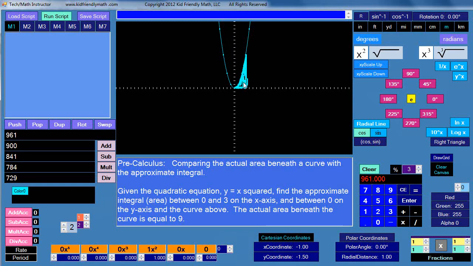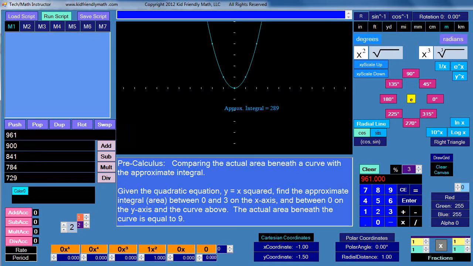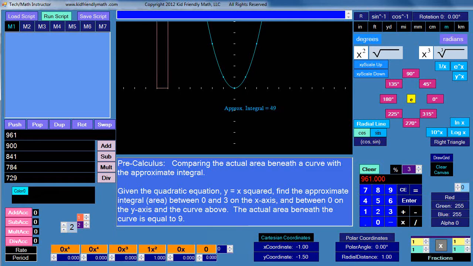So maybe we can zoom in just a little bit, just like we did before. We'll go get a rectangle. Alright, here's a rectangle cruising on in. This would be between 0 and 1, so we need to change that out here a little bit to here.